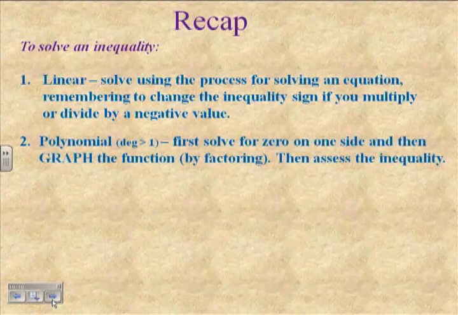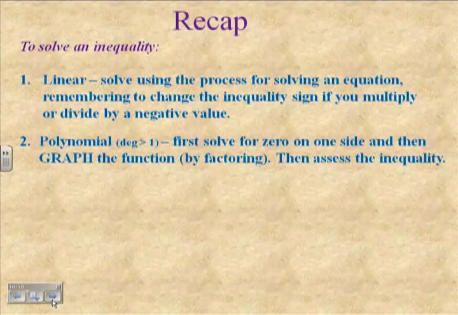Now, for any of your polynomials, with a degree bigger than 1, I would suggest that you get a 0 on one side and then you graph it. Get it all factored if it's not factored, and then assess your inequality by what's above the x-axis or below the x-axis. Probably your best bet with the polynomials, and especially the kind that we have a tendency to give you in a college algebra class.